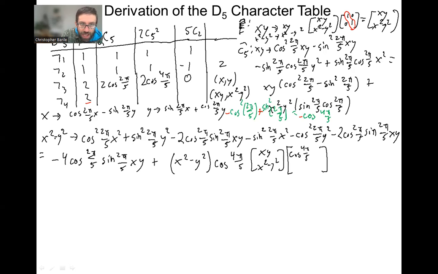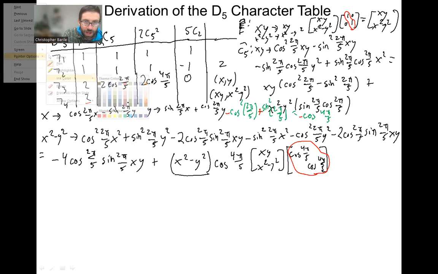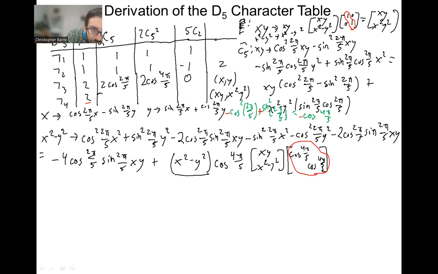And then same thing with the x squared minus y squared. The on-diagonal component is the part that factored out as itself, which was also cosine 4 pi over 5. And so then you take the trace of this matrix and it's just cosine 4 pi over 5 plus cosine 4 pi over 5. And so your character here is 2 times cosine 4 pi over 5.